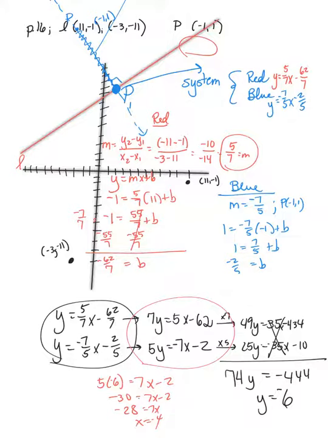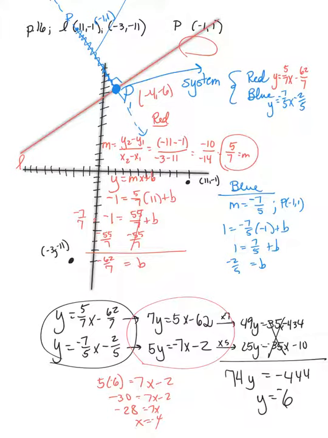So my point of intersection up here, P sub 1, is negative 4, negative 6. I forgot that I had moved my graph, and that was making me a little uncomfortable up there because it didn't look reasonable. So negative 4, negative 6.